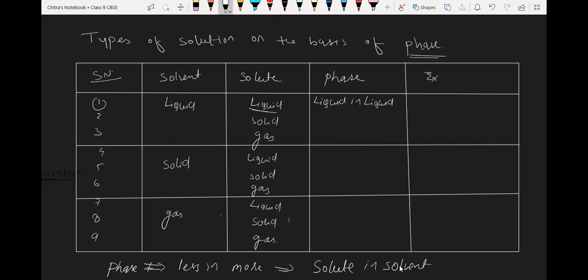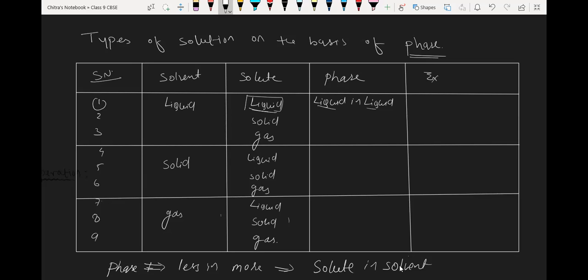So small in large. Let me explain all the nine types first, and then we will discuss your doubt.